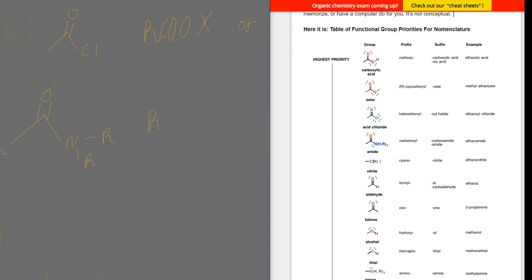RCO and R. Okay, let's just put this here, two R groups. Unless you want to copy that form, I guess, in the website, that's fine.